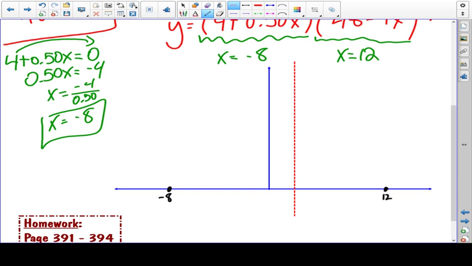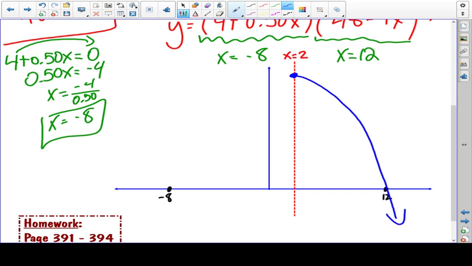And I'm going to label it because we don't have the luxury of a scale. The revenue is going to be positive here, so I don't know where my vertex is going to live. But because I'm not really making a fancy graph anyway, I can just draw it in like this and figure out what it is in a minute. I know that the revenue graph is going to look like this.